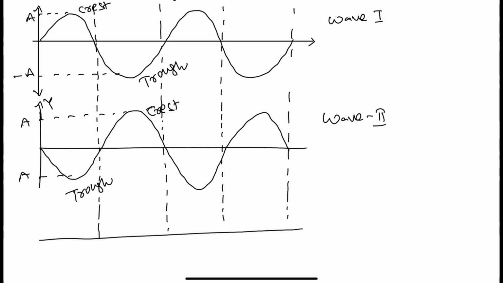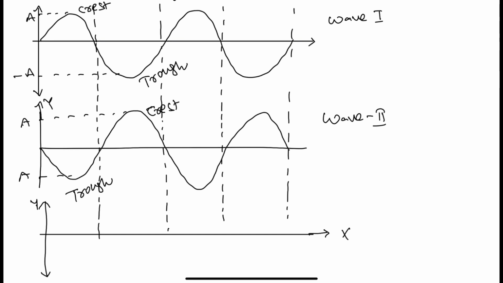Now I'm drawing the resultant wave of these. The displacement is y and this is x. The first wave would be like this, the second wave like this, with displacements A and A in opposite phases.